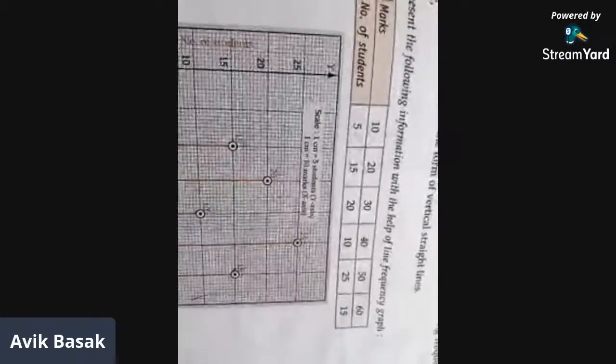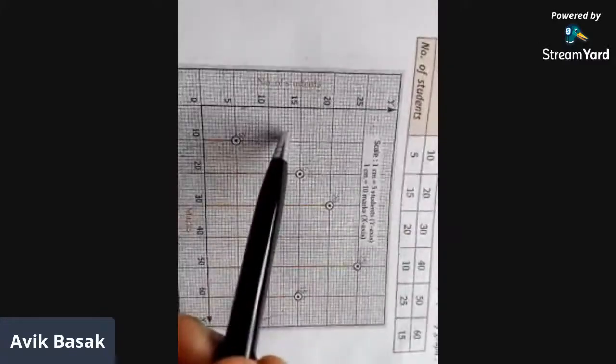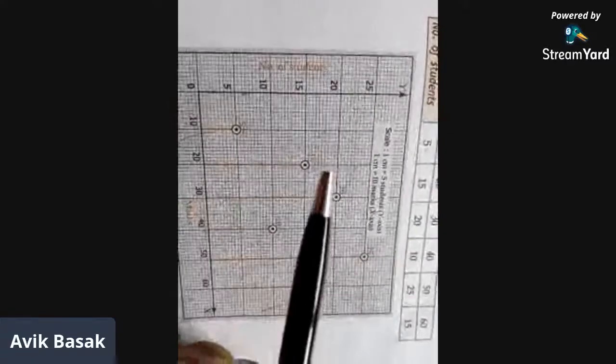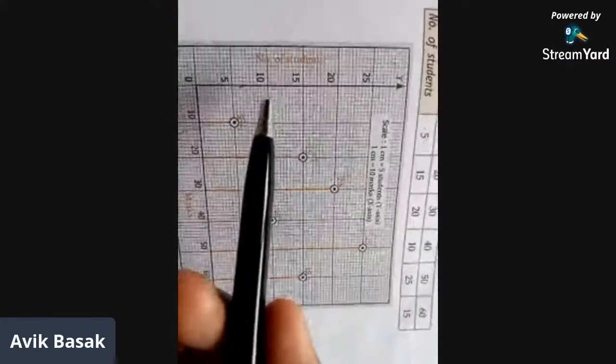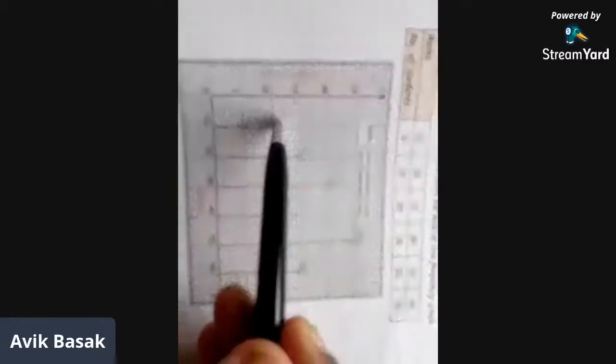So it is better to take 1 centimeter as 5 students. You may also take 1 centimeter as 10 students, or 2 centimeters as 10 students, but make sure the y-axis is easy to understand.